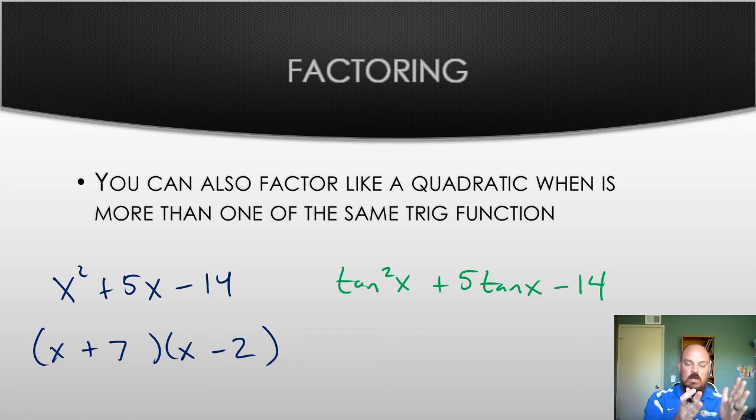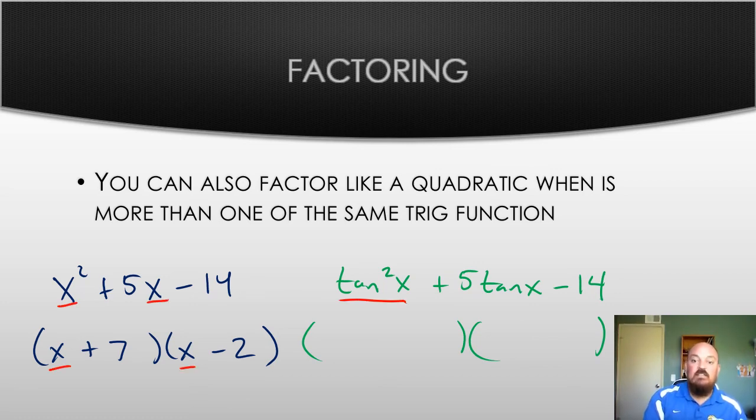I have something squared plus 5 times the same thing to the first power, minus 14. Now you could factor this the exact same way, but the difference is, over here you have x's, and that's what goes in your factor. Here you have tangent x, so that's what goes in that factor. Each factor is going to start with not x, but tangent x.